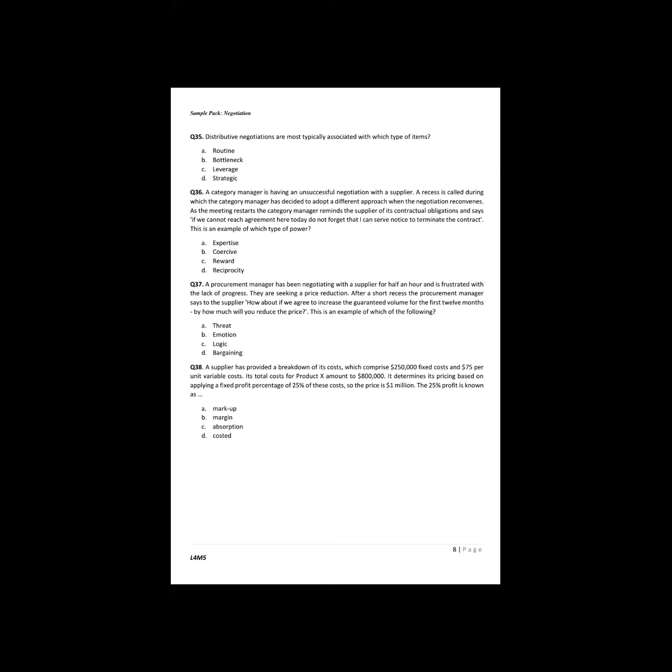A category manager manages a particular category of purchase. You could be the category manager for only IT, so you manage all the suppliers that supply IT accessories.